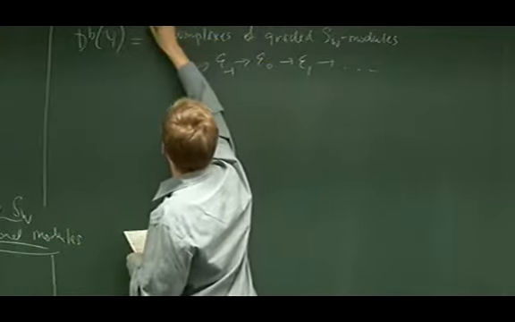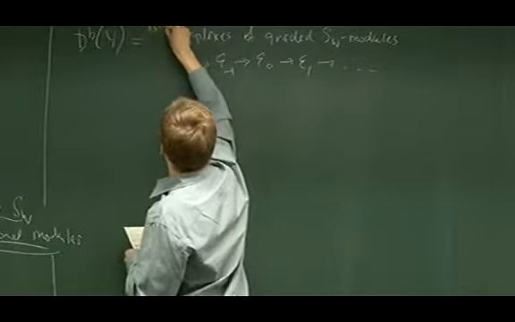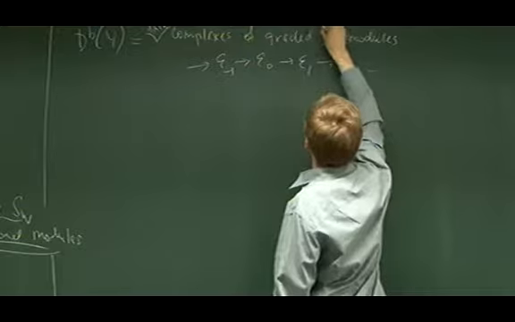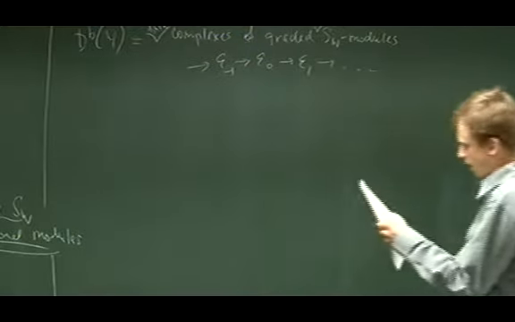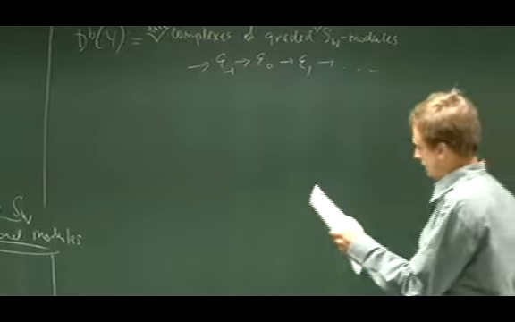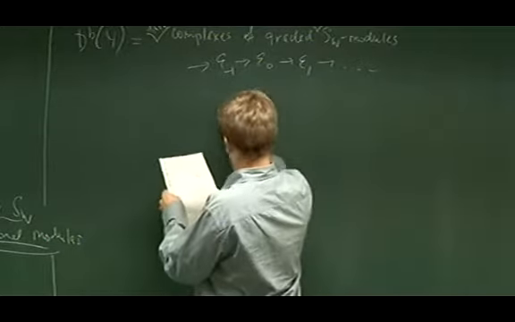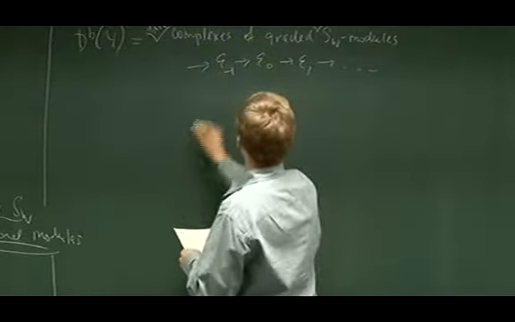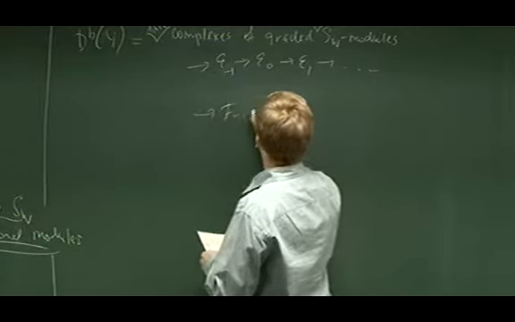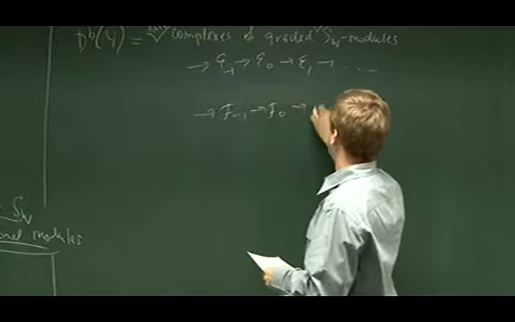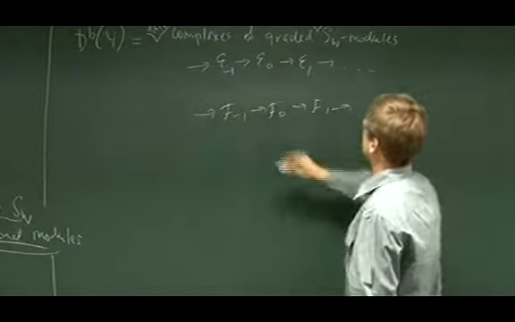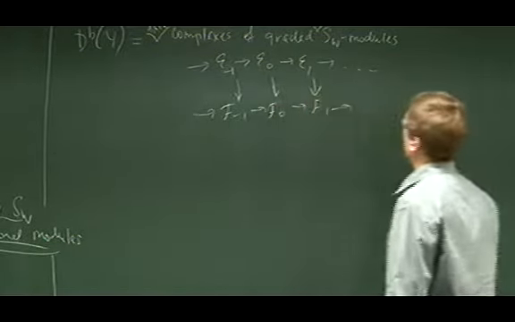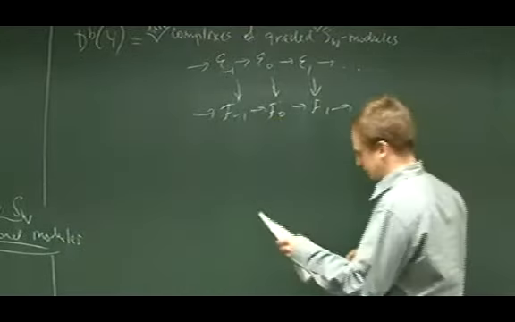And they're finite complexes. And let's say also finitely generated modules. And obviously, if we have two such things, then we can consider morphisms between them. Just commutative diagrams like that.